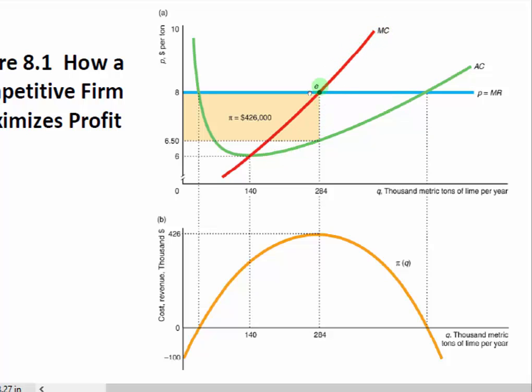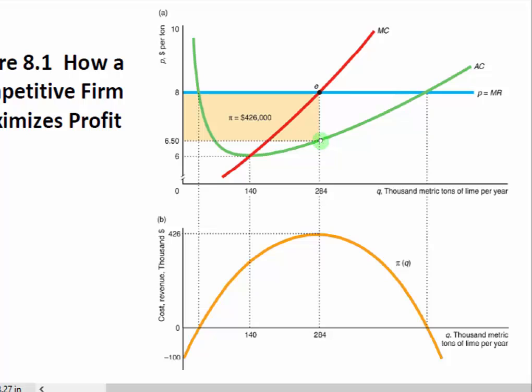This marginal cost curve shows the marginal cost for each unit that is produced. So for each unit, it's different. The marginal cost curve is really talking about a specific unit that is being produced. What's its cost? The average total cost is the same average cost for every unit that is produced.